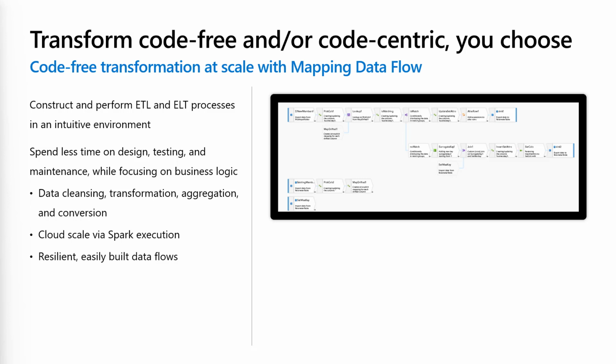The data flow activities can be engaged via existing Data Factory scheduling, control flow, and monitoring capabilities. With the code-free method, you can handle all the code translation, path optimization, and execution of your data flow jobs, so that you can spend less time on designing, testing, and maintenance, while focusing on business logic.